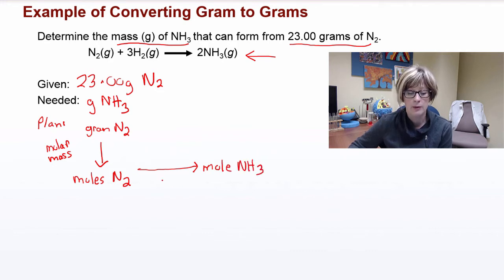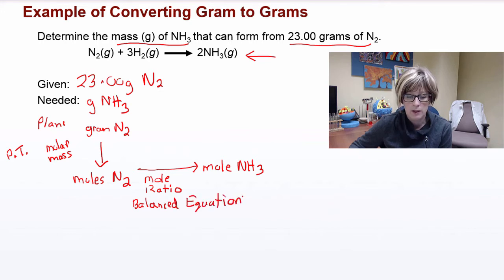And how do we do that? Well, we use the mole-to-mole ratio from the balanced equation. So this information we get from the periodic table, and this information we get from the balanced equation.